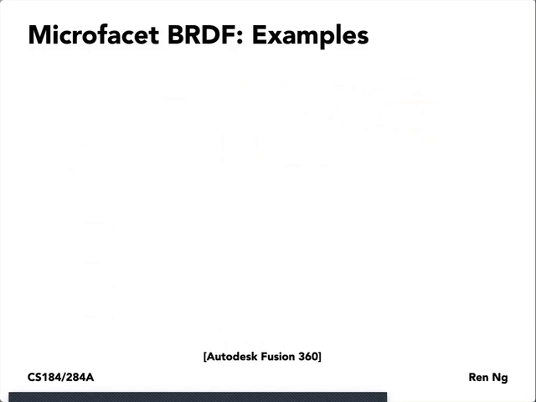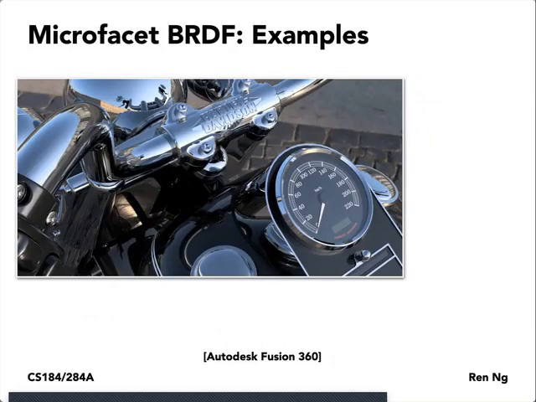Okay, putting all that together, the microfacet BRDF formula that I showed you before, I'm going to show you a few examples. All of the materials in this scene, which is rendered, are modeled with the microfacet BRDF. They have different parameters for the Fresnel term, for the distribution of surface normals, and the self-shadowing term, but they all are modeled with different parameters on that microfacet BRDF.